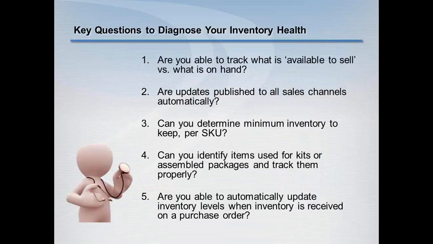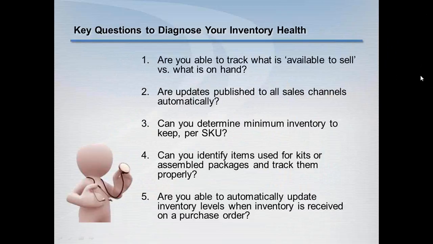Number 4, can you identify items used for kits or assembled packages and track them properly? So what I mean by a kit, essentially, is that some of you sell single items on their own, some of you sell groupings. Perhaps, say, I'm looking here at my desk and I have a mouse and a mouse pad. Well, I may sell this mouse individually as well as the mouse pad, but then maybe I have a group offering of the mouse and mouse pad for a special price.